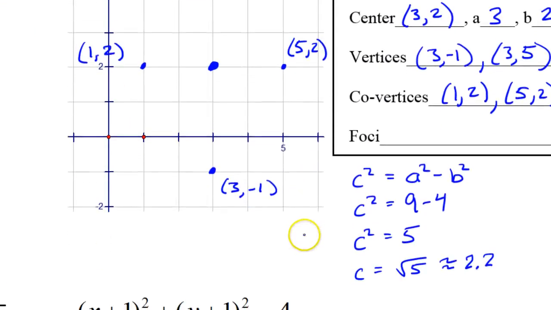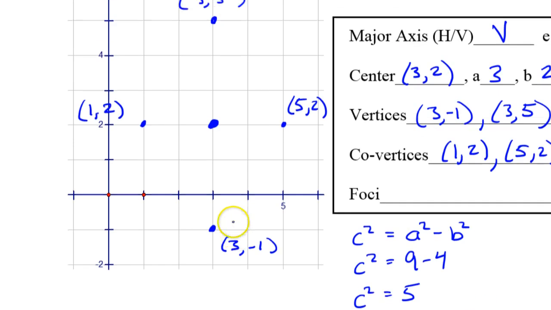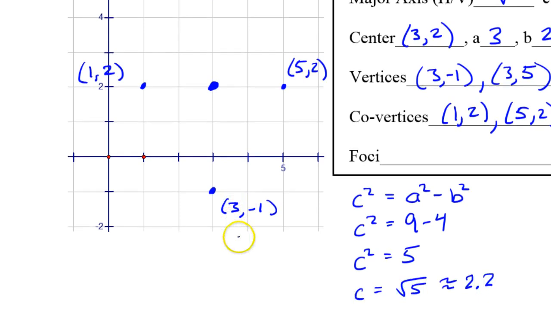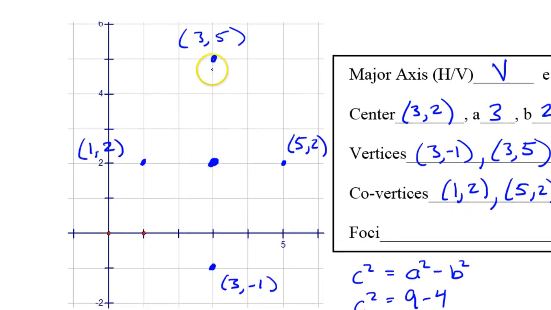Okay, so the c value tells us where the foci are. The foci will always be on the major axis, along with the vertices. So I am going to go 2.2, or radical 5, up and down from the center.